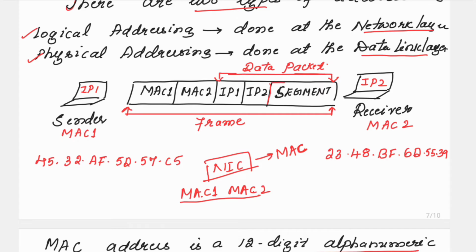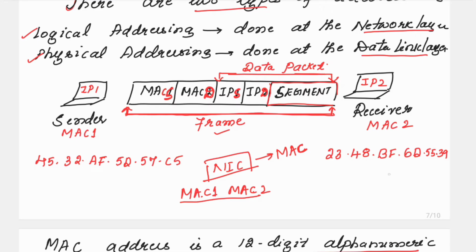Now look here, earlier you were having what? Only the segment. Fine. The network layer added what? The IP address of the destination and the IP address of the source. The data link layer will include the MAC address of the destination device and the MAC address of the source device. So once these two MAC addresses get added, you have to call the data unit a frame now. Fine.